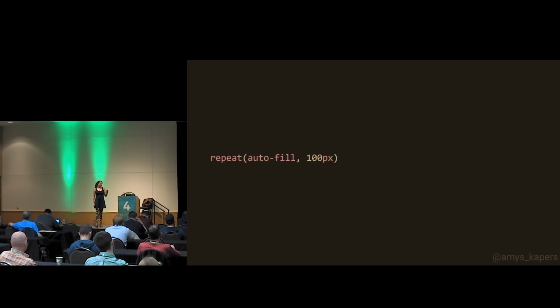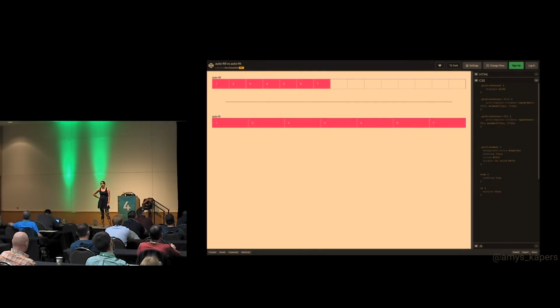We also have access, so not only do we have autofill, but we also have autofit. Now these work slightly differently, and the way to tell the difference is to switch between the two of them until you find which one looks like you wanted it to look. But there is also a really great diagram for if neither of them seem to be working right.